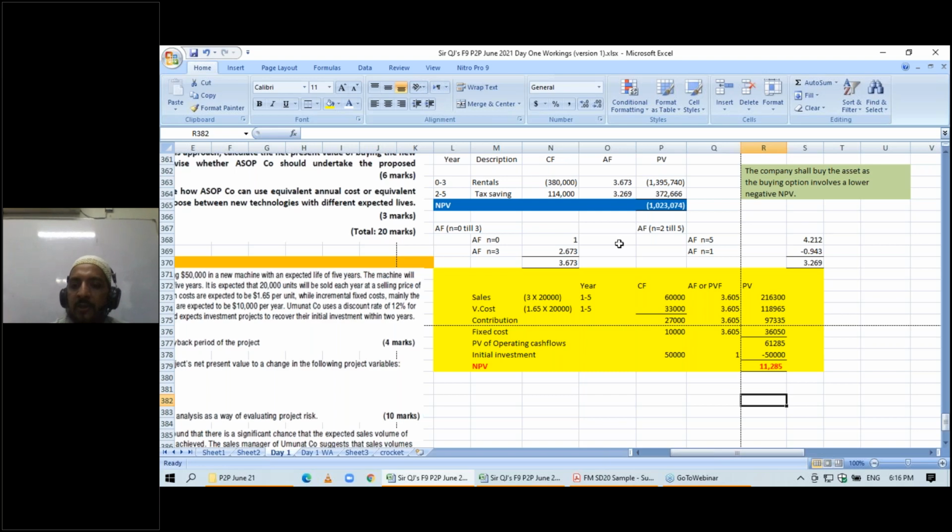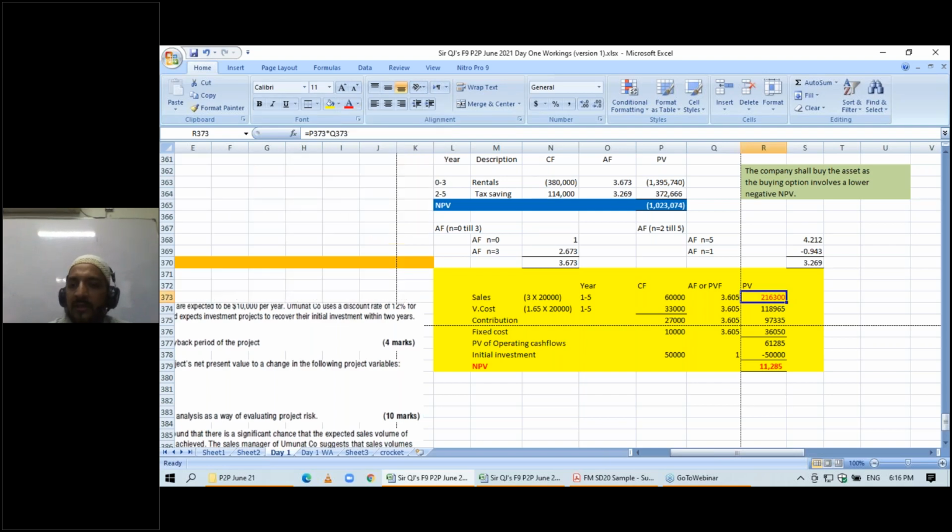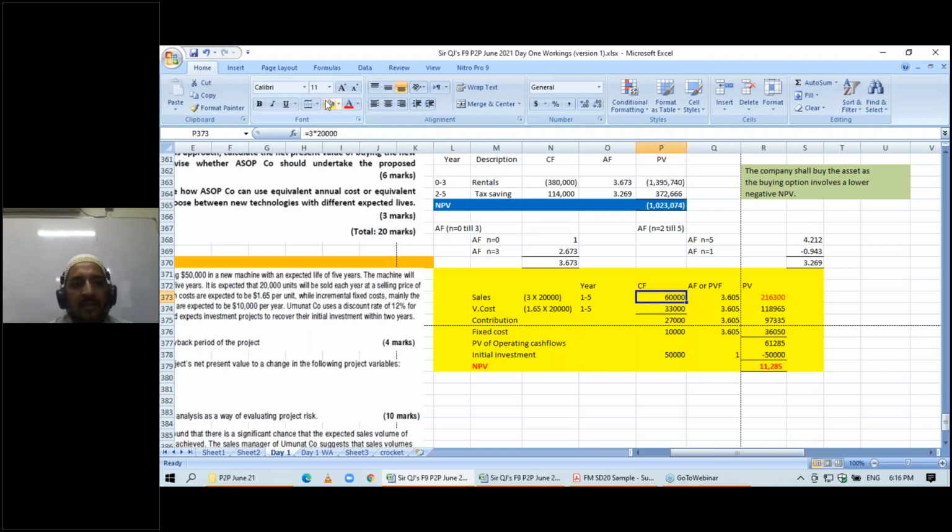If the sale price goes down, the sales amount, which I'll be showing you in red over here, 216,300, and the 60,000 annual sales, these will fall down. Suppose, for instance, the sales falls down to that amount, which gives you a present value of 2 lakh. What happens? Due to the fall in the present value of sales and the sales price, the NPV will go down.